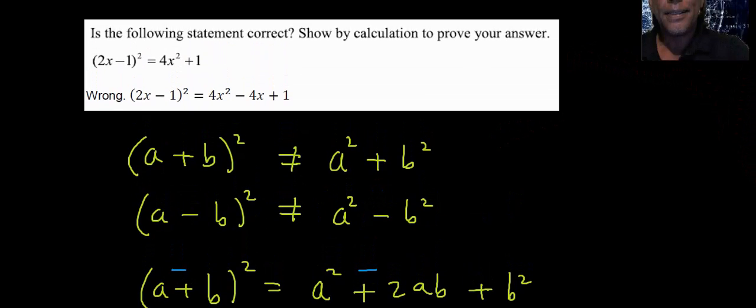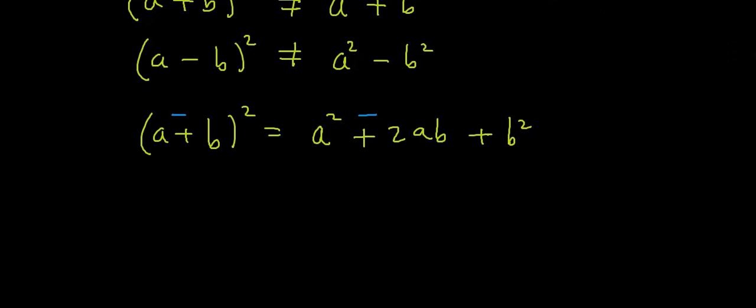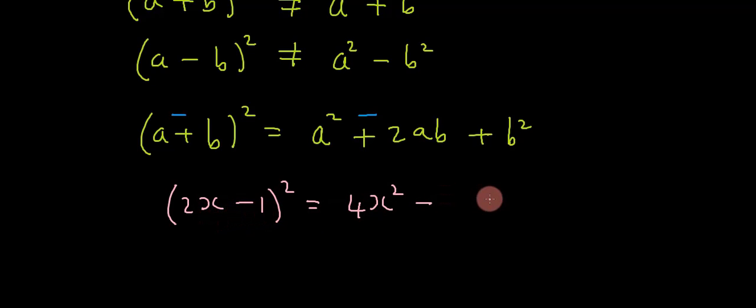Now, let's apply it to this product, 2x minus 1 all squared. We can use the shortcut method. So it's the first term squared, which is 4x squared. Then this sign. Then 2x times 1, which is 2x, times 2, which is 4x.